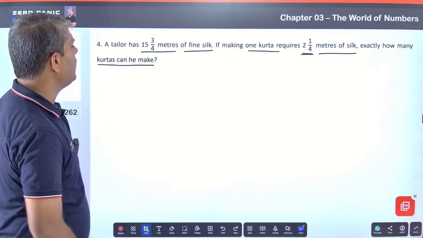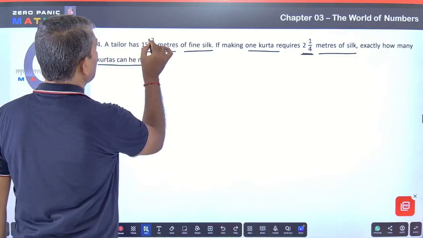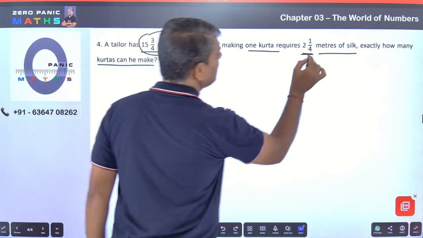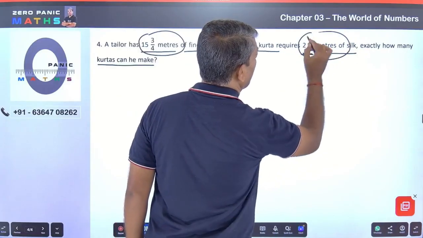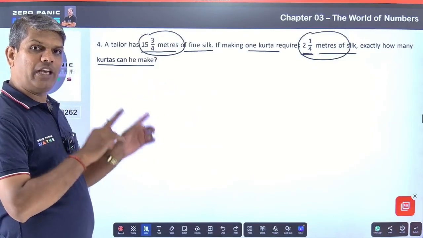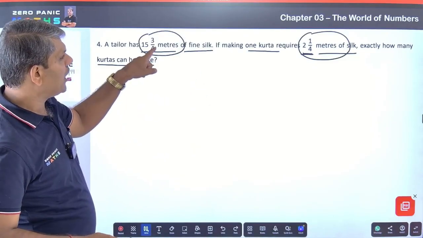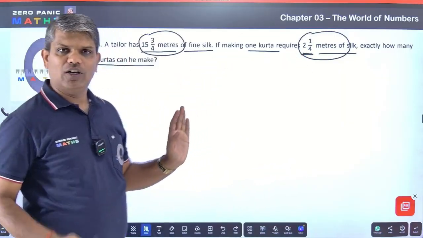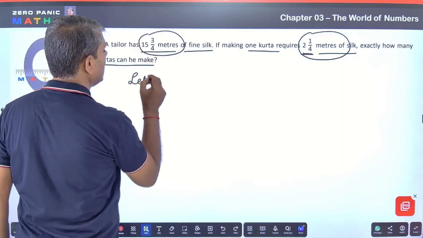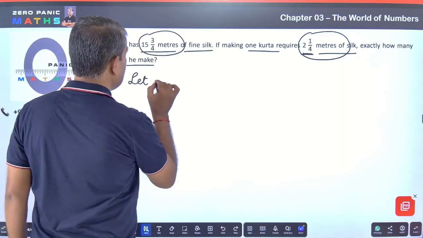It's a simple problem. This is the total quantity of silk available, and this is the quantity required for one kurta. We have to identify how many kurtas he can make with this total. So let us assume that x kurtas he can make.